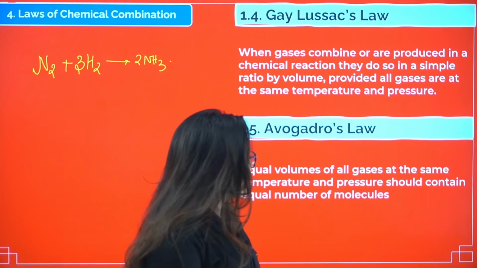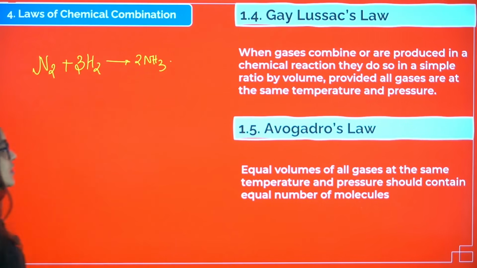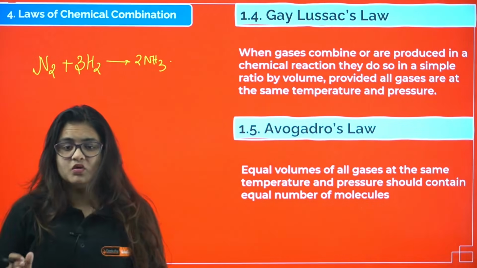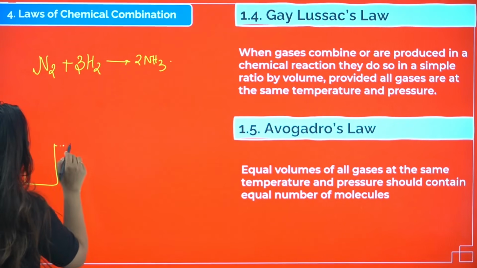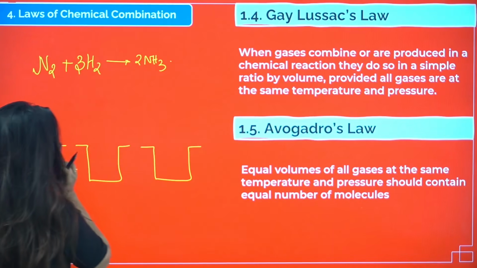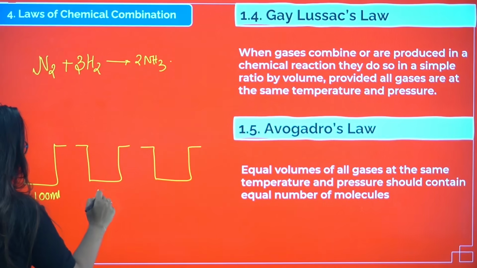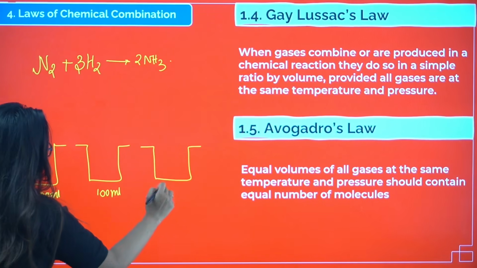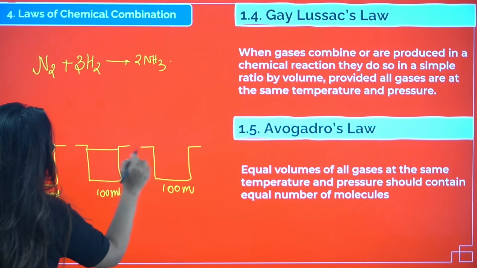Next, Avogadro's law. Equal volumes of all gases at the same temperature and pressure should contain an equal number of molecules. This I can explain a little bit because the mole concept comes from here itself. Let's say I have 3 containers, all of them 100 ml, closed and kept at room temperature.